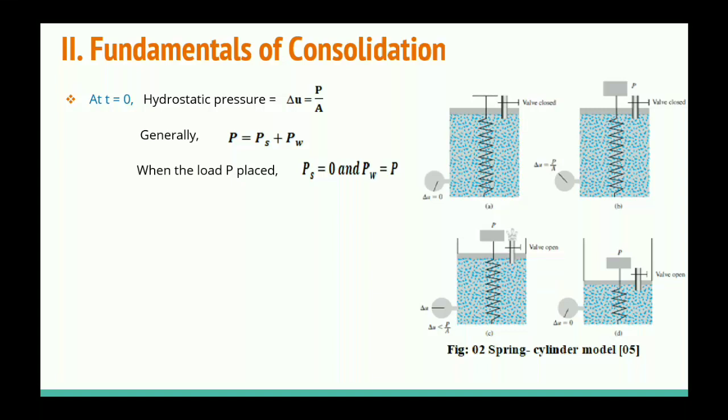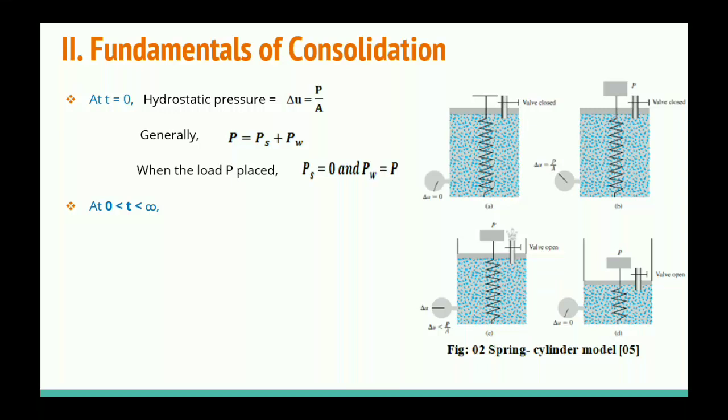And after some time, what will happen? When the valve is kept open, water will start escaping out from the cylinder, and the spring will get some deformation. By the deformation, the spring will start sharing some load. The spring will start resisting some load, meaning it will not be equal to 0.